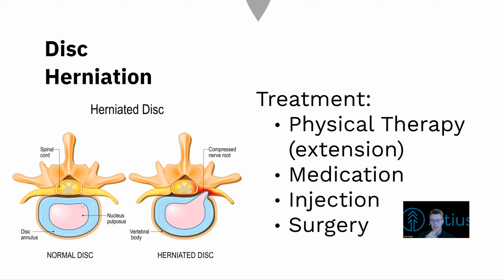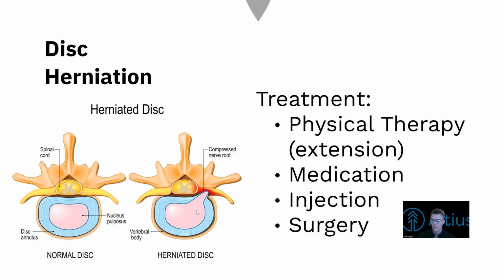The function of the disc here is to help absorb forces, compressive load in your spine, right? Say I go jump or something, that's a lot of compressive load on the spine. The actual disc helps to spread that force out in your low back. If the forces are too great, though, what'll end up happening is you can get something like this, where we get a protrusion or an extrusion of the actual disc.